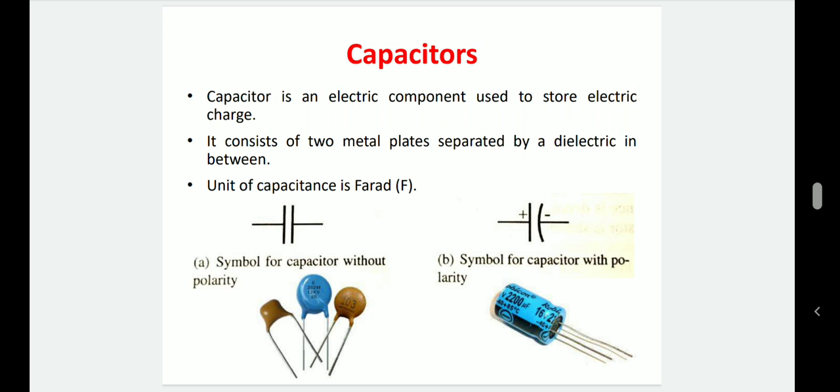We have already studied these things in lower classes. Examples of capacitors without polarity are disc type capacitors, ceramic capacitors, etc. And an electrolytic capacitor is an example of a capacitor with polarity.